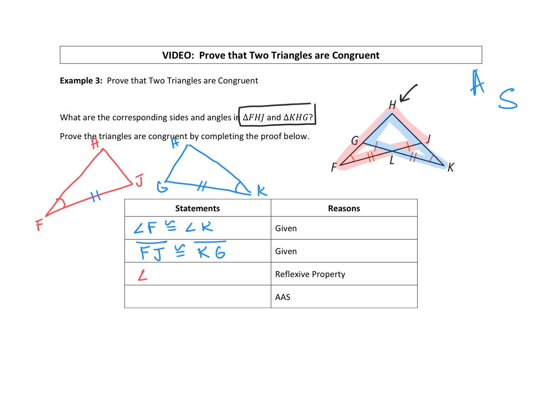So I'm going to say angle FHJ, where H is the vertex, actually let me mark the congruency, is congruent to angle. Now I have to follow, if I went FHJ, I'm going to go KHG, where H is the vertex. I'll go ahead and mark the congruency. And then we said that was angle KHG. That's the reflexive property. So we have another angle that is congruent in this picture.